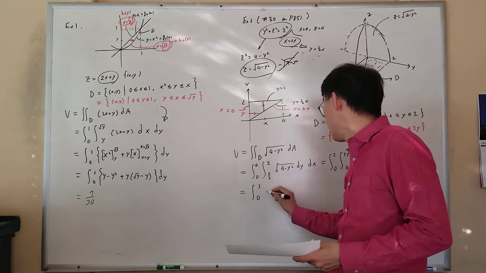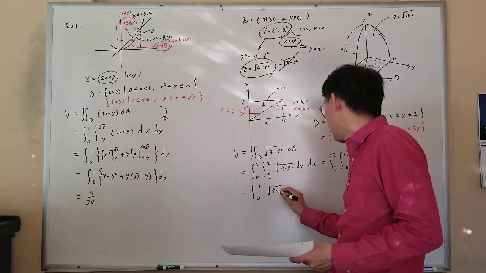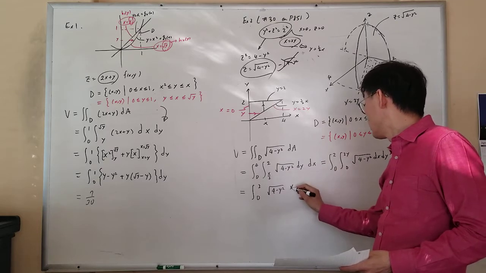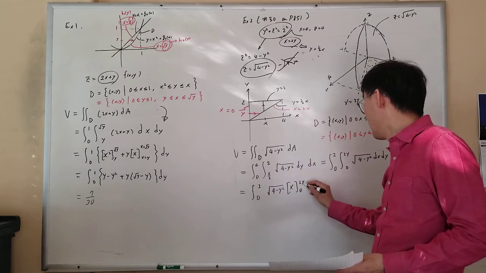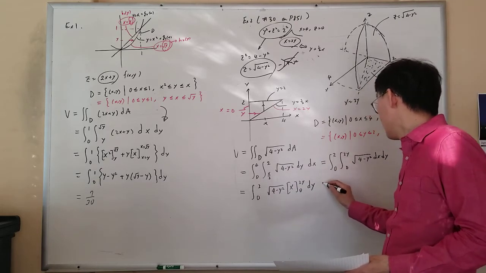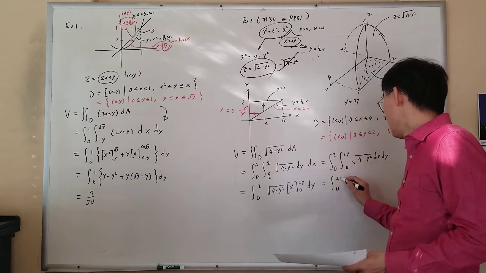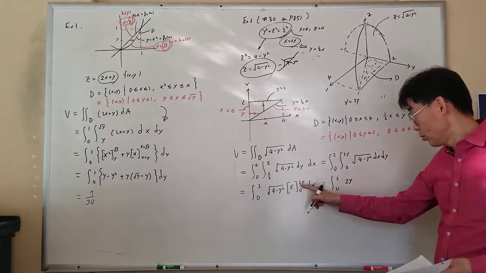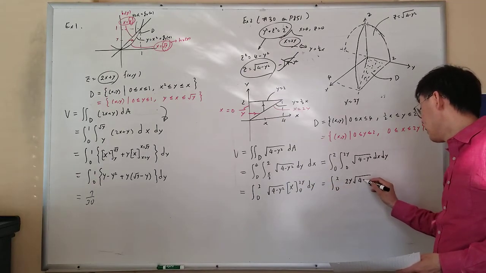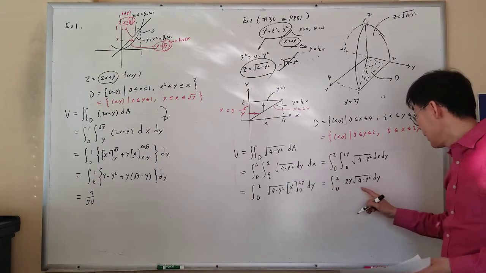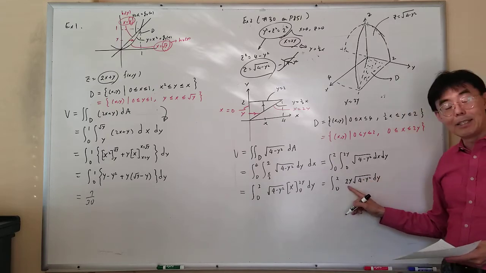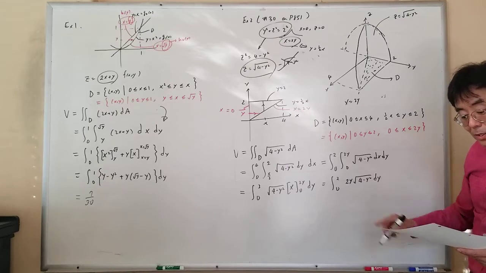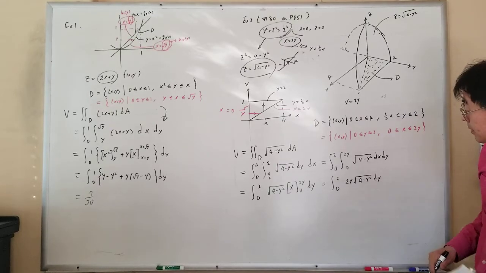So this will be just this constant times x from 0 to 2y dy. That is just 2y, right? This 2y minus 0, times square root of 4 minus y squared dy. Okay. This is the easy substitution. U equals 4 minus y squared, right? So you can finish from there.